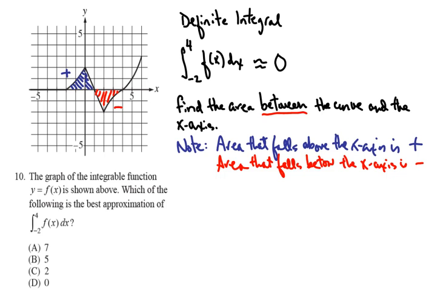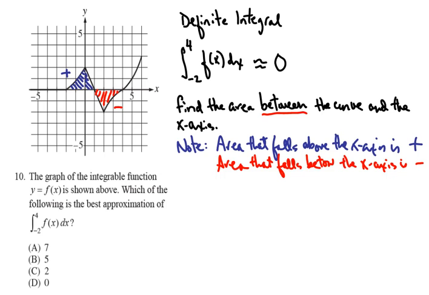So this is a basic calculus problem. It tests your knowledge of integration, specifically your knowledge of definite integrals. There's nothing to calculate here. You don't have to actually do any mathematical operations to find the integral or the antiderivative in this case. It's a graphical example.